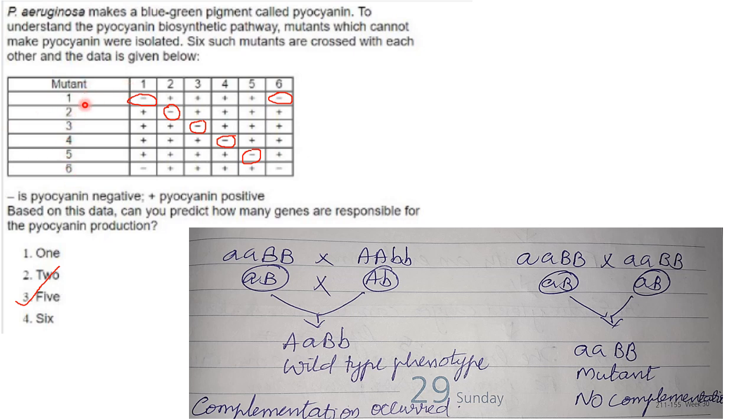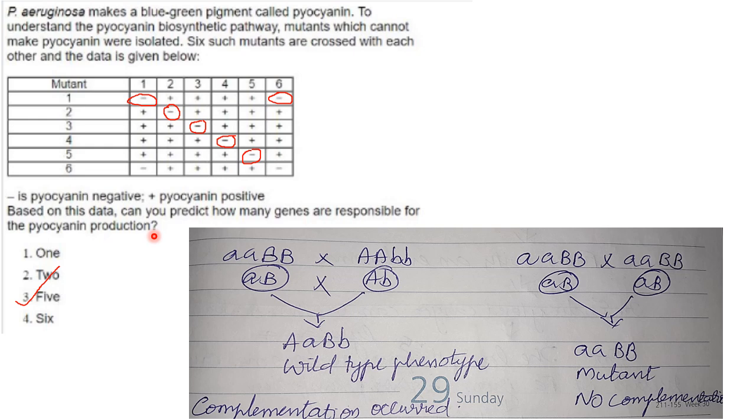These are crossed with each other. You get some as negative value, some as positive. So negative is phycocyanin negative and positive is phycocyanin positive. Positive means phycocyanin is being produced. Negative means phycocyanin is not produced. Based on this data, can you predict how many genes are responsible for the phycocyanin production?